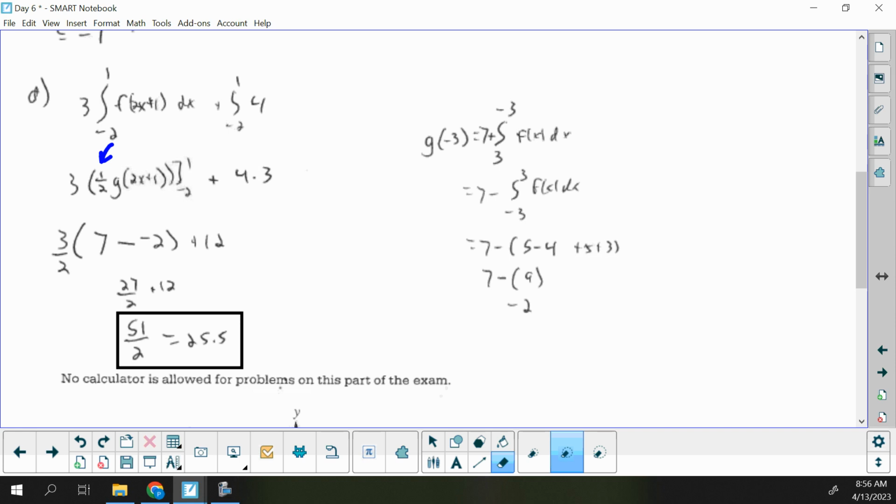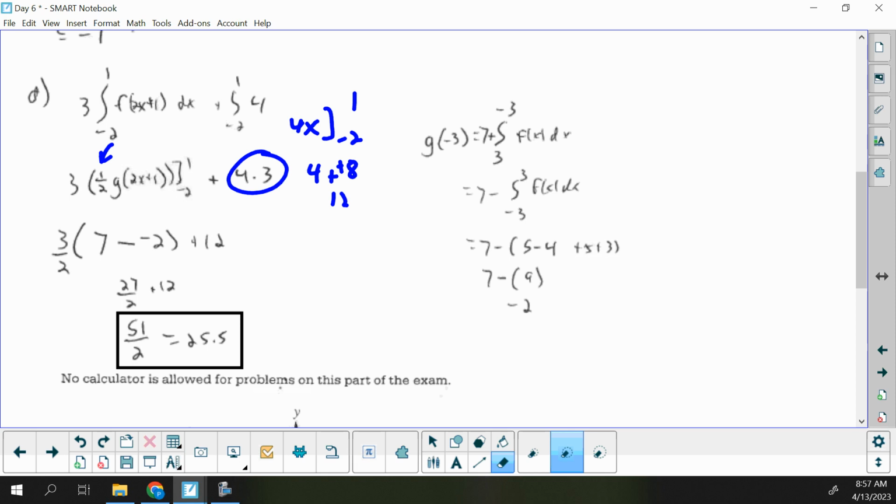So I just thought of it as a rectangle and did the area of the rectangle. Or you could have done 4x going from -2 to 1. So you would have 4 minus a -8, so that would give you the 12 that way. But I just thought of it as, oh, okay, if it's a constant 4, that means the height is 4 and the base is 3, so the area is 12.